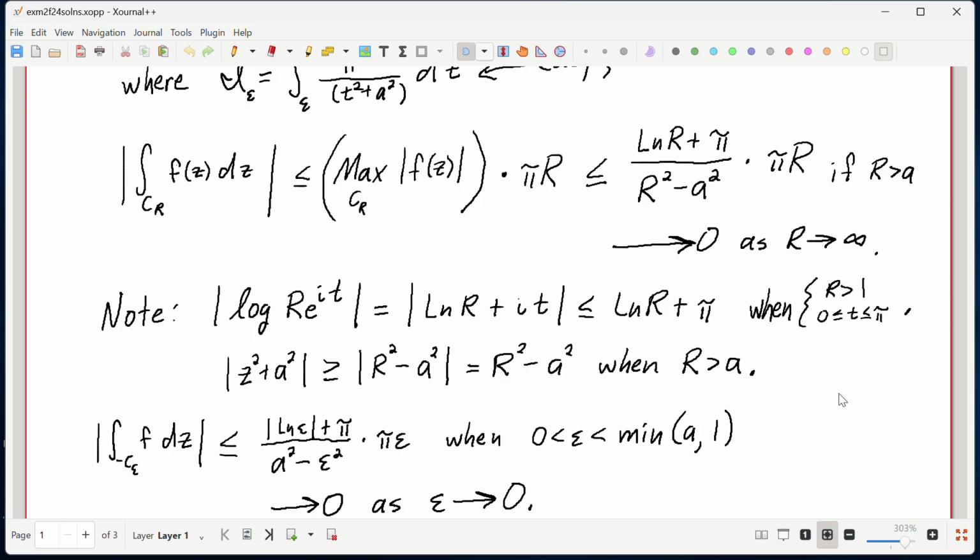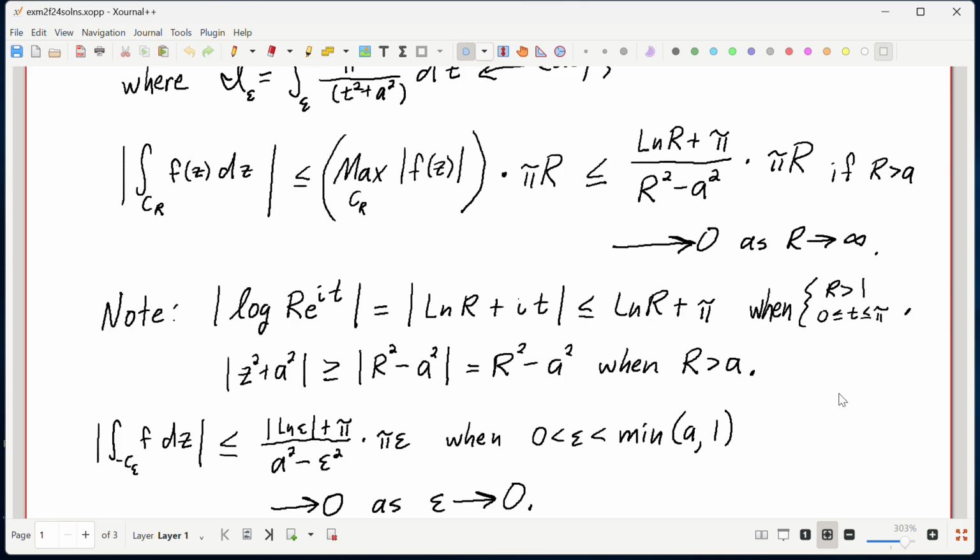And that's easy to estimate. That's a numerator estimate, so it's less than or equal to log r plus pi. The biggest that angle could be is pi when you use the triangle inequality. So that's less than or equal to log r plus t, and t is less than or equal to pi. And that would be valid when r is bigger than 1 and when t is between 0 and pi. So that's how I got the estimate in the numerator.